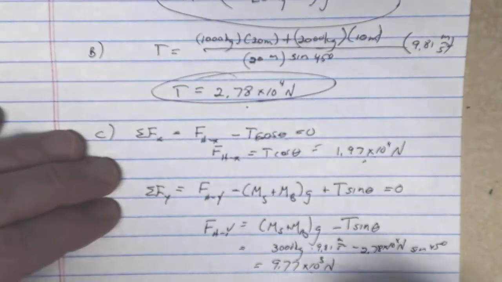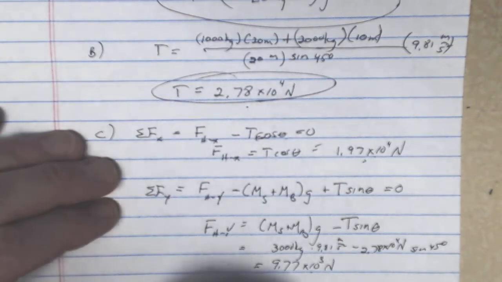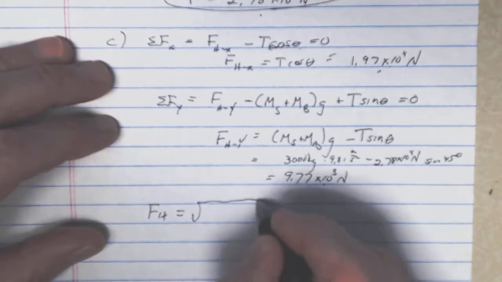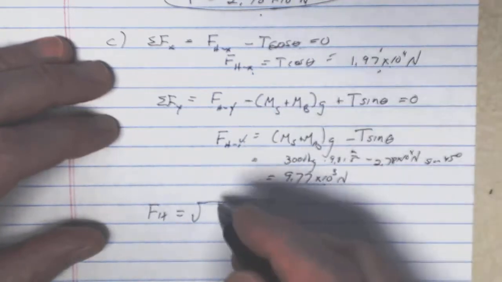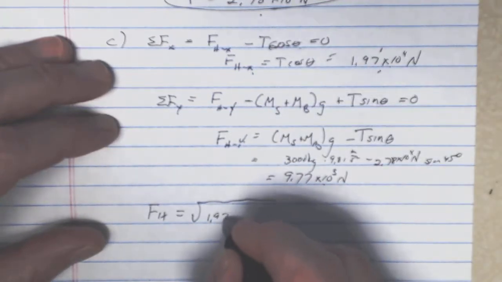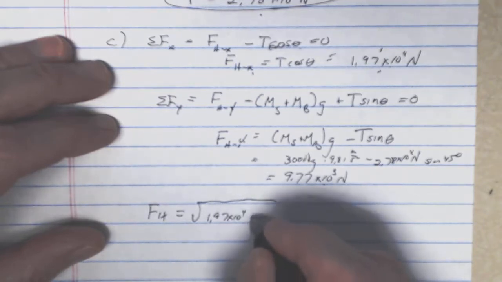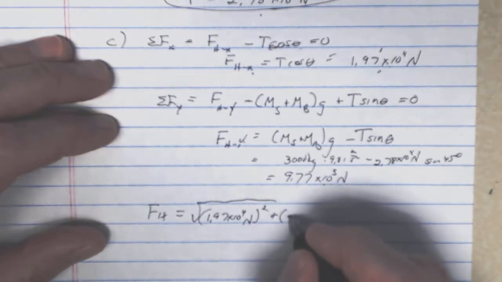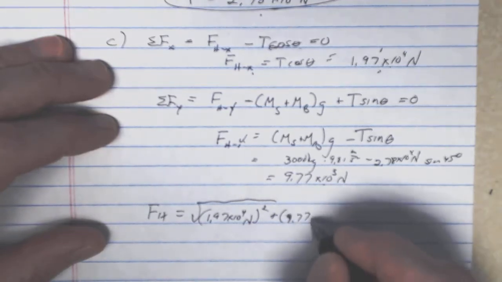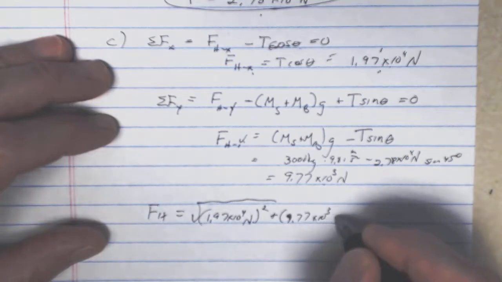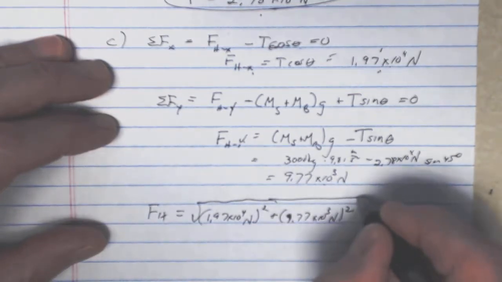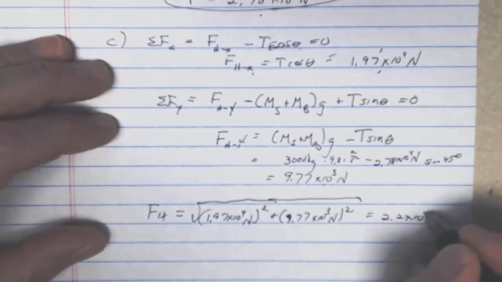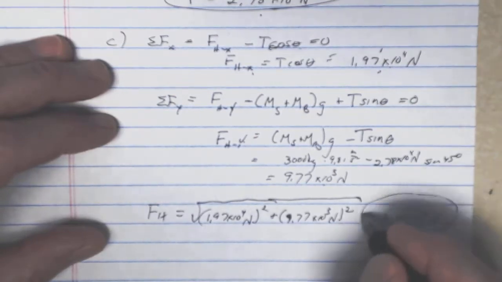The magnitude of the hinge force is just the square root of the sum of the squares of these two components, or 1.97 times 10 to the 4th newtons squared, plus 9.77 times 10 to the 3rd newtons squared, square root of that, and so the answer is 2.2 times 10 to the 4th newtons. And that's what you're asked for.